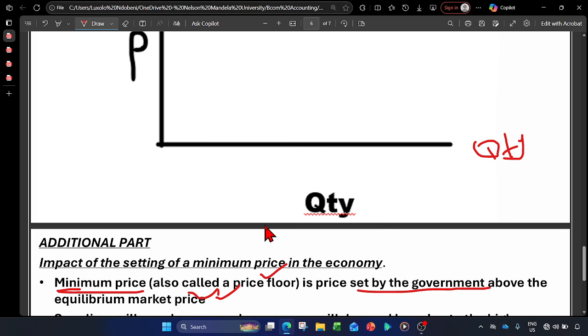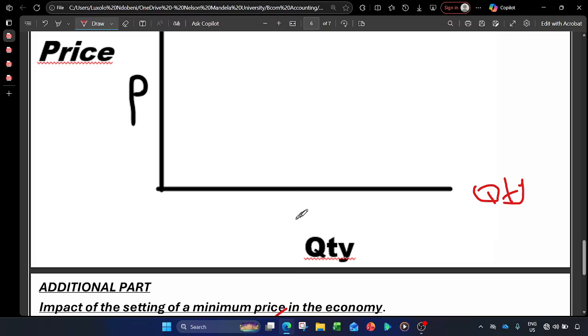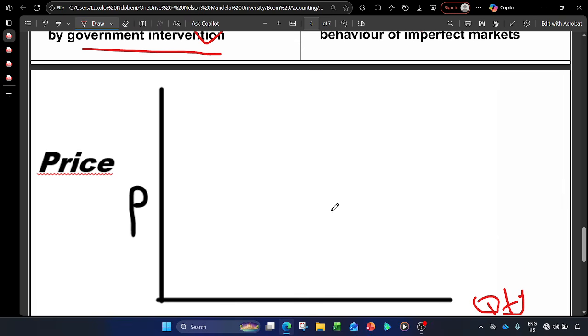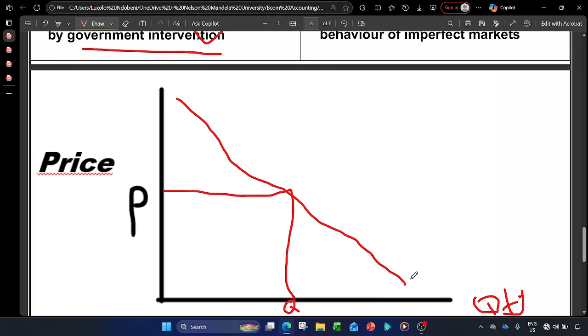So let's draw this graph and see how we can answer that question by using our graph. In our graph we'll have Q on one axis and P on the other. From top left to bottom right, we have our demand.